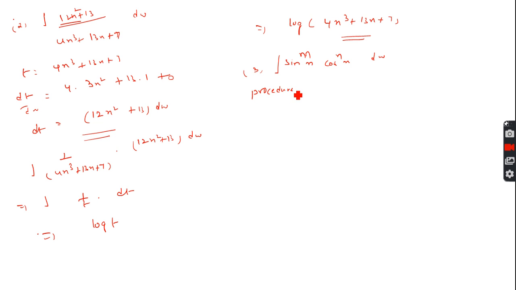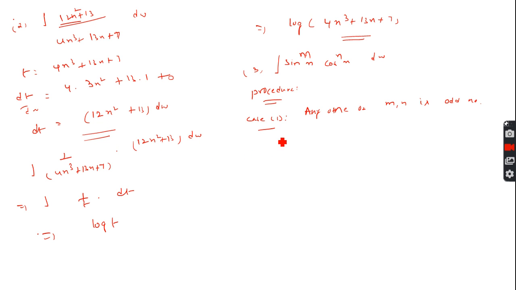The procedure is, we assume case 1, in which any one of m or n is an odd number. That is, either m or n is odd, and the other one is an even number.